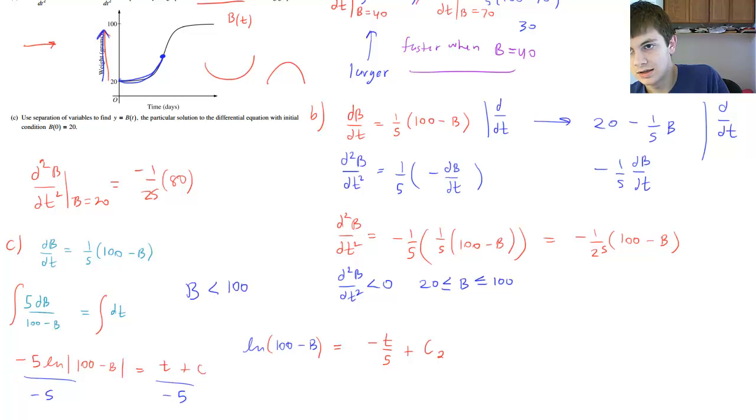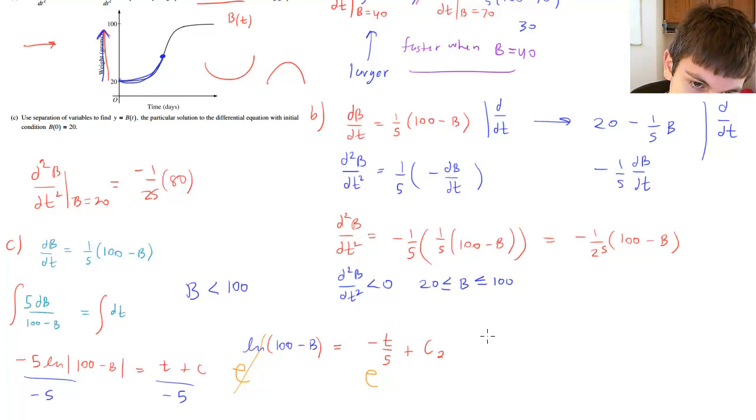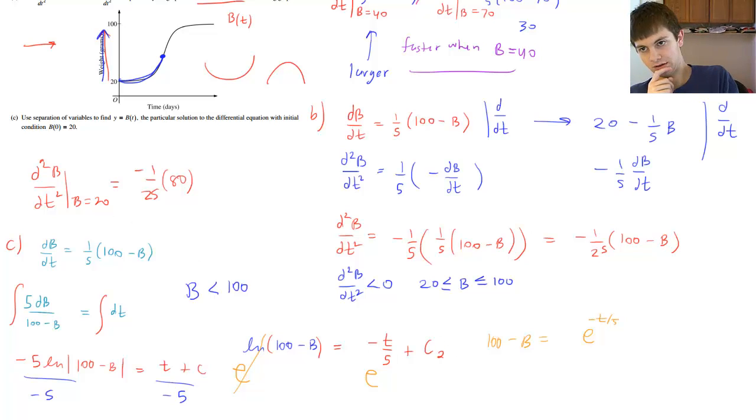Then we're going to take both sides to the power of e, which might seem rather arbitrary, but e to the ln of something is just that something. So then you get 100 minus b equals e to the negative t over 5, and you can just rearrange that c to another c sub 3 here, multiplied.